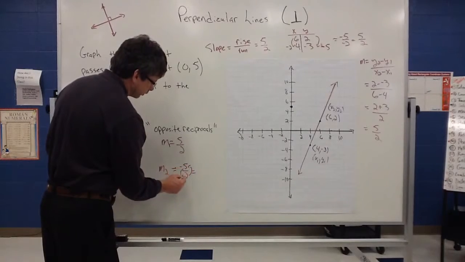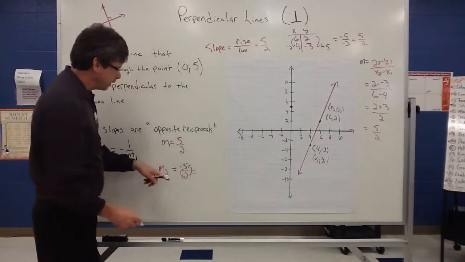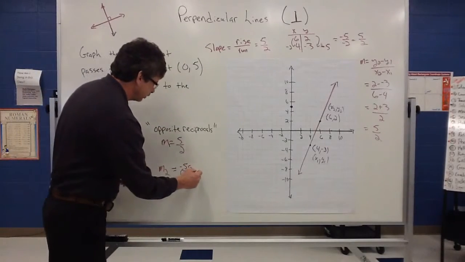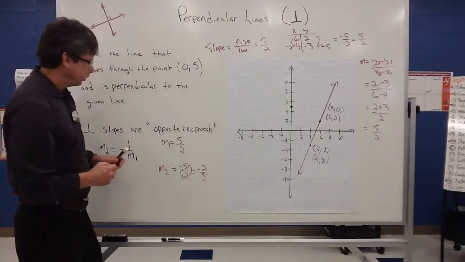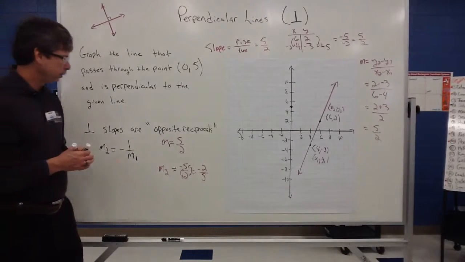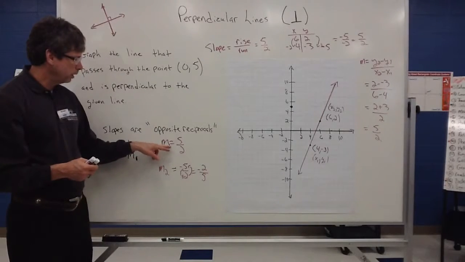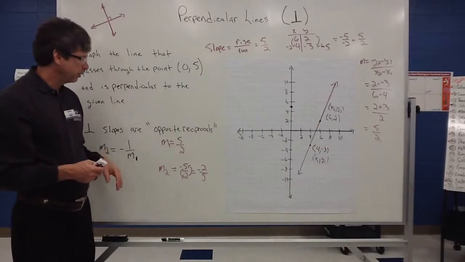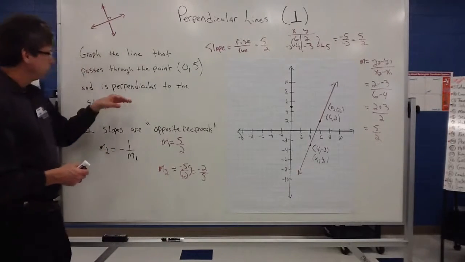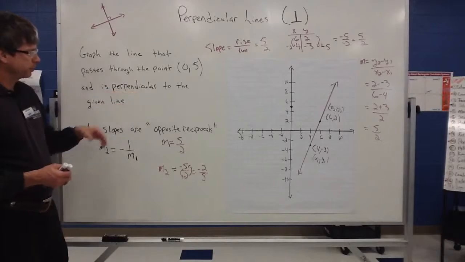So I need to reciprocate it. So that means I flip the fraction, so it's going to end up being -2/5. So that's what we mean by opposite reciprocals. So if I know the slope of line 1, if I change its sign and flip it, that's going to give me the slope of the second line, or in other words, the line that's going to be perpendicular.